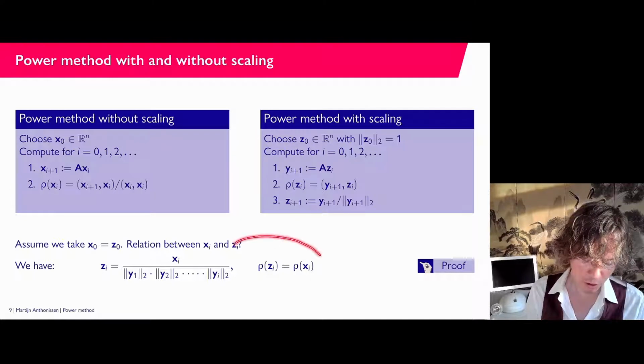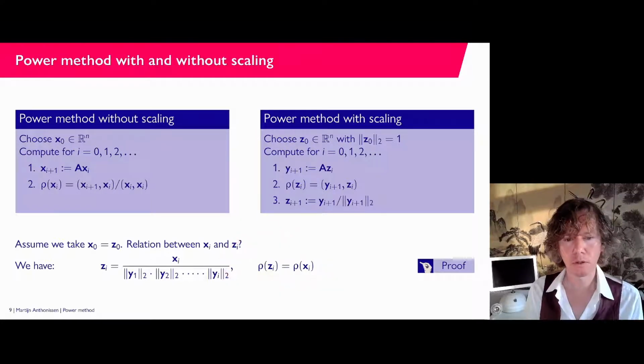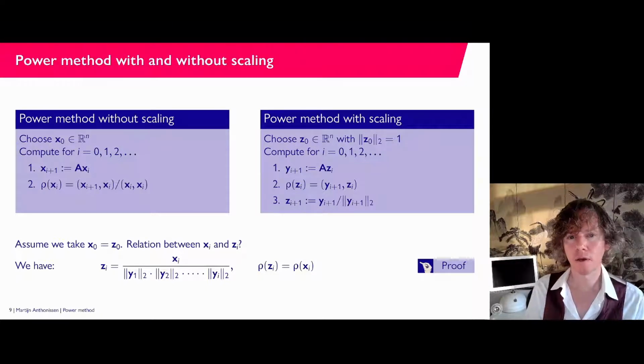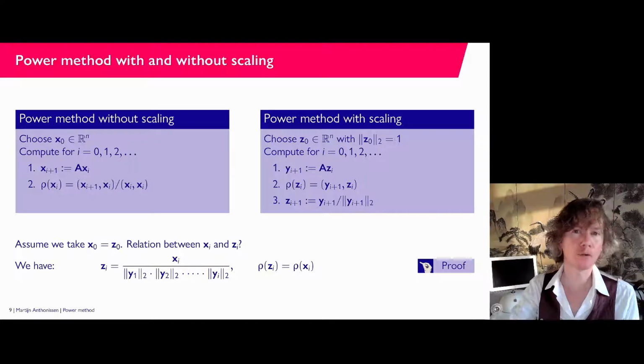But what is more interesting is that the Rayleigh quotients are the same. The reason behind that is that you have the vectors both in the numerator and in the denominator, so all those scaling factors will drop out. I will prove it, but that's the idea here.